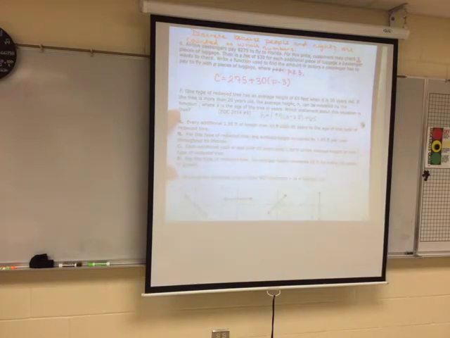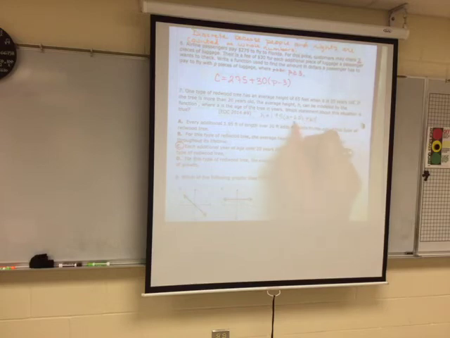Which answer choice does that match? I think it matches C. C says each additional year of age over 20 years adds 1.95. So that's after 20 years, because that 65 feet goes with the 20 years. Adds 1.95 feet to the height of the tree.